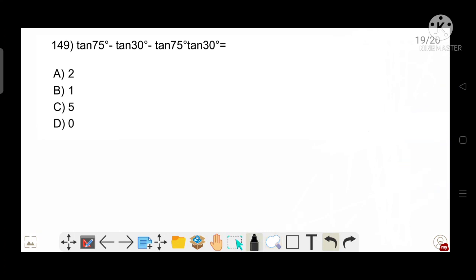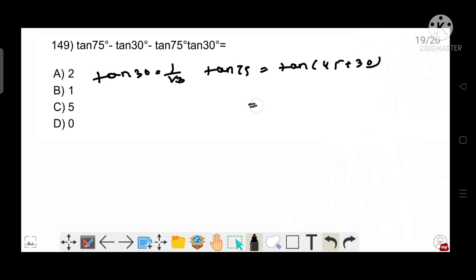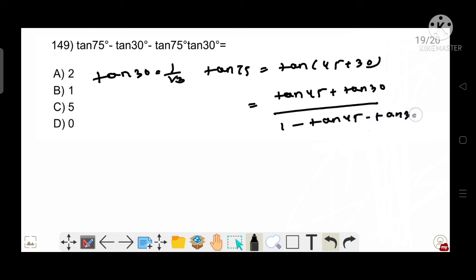Okay. Let's start again. We know that tan 30 is 1 by root 3 and tan 75 is tan 45 plus 30. This will be tan 45 plus tan 30 divided by 1 minus tan 45 into tan 30.